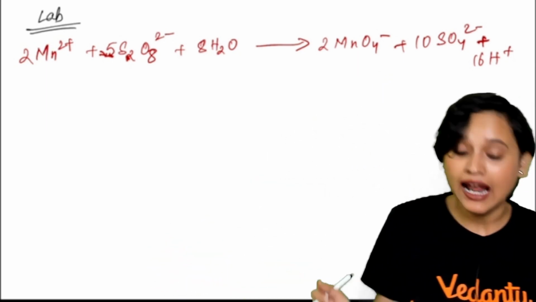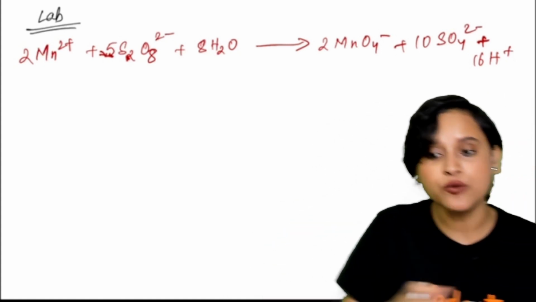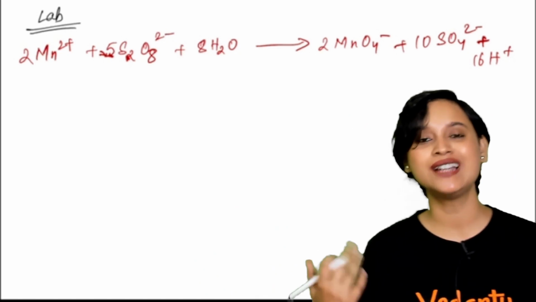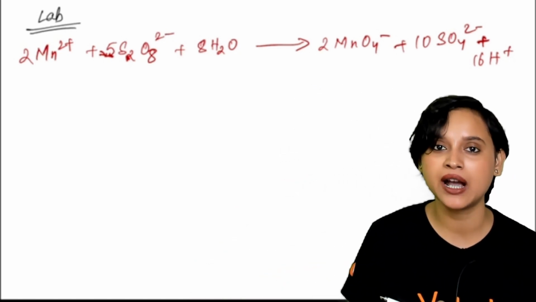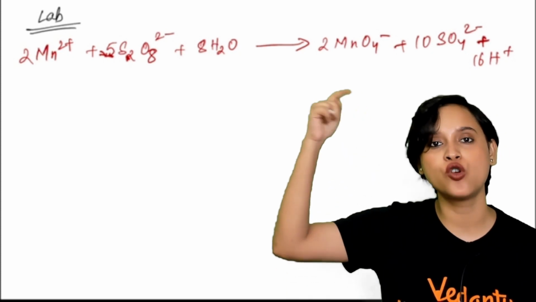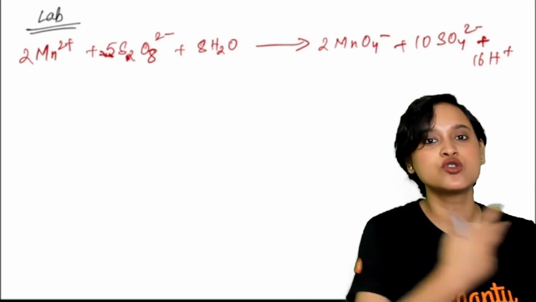Now when you heat it at 513 Kelvin, with whatever things you have made it with, what are the things that you have made potassium permanganate with? You have taken MnO4 minus, you have taken MnO2, and you have taken oxygen, correct? All of those things will just come out.